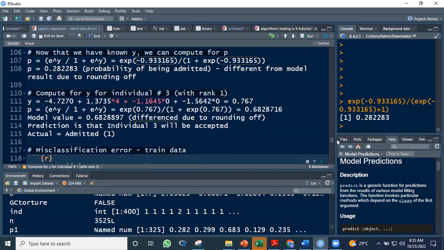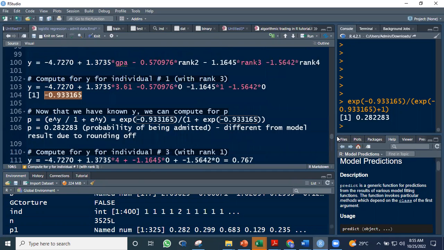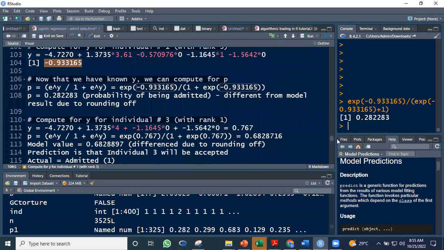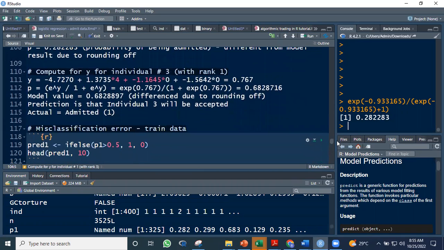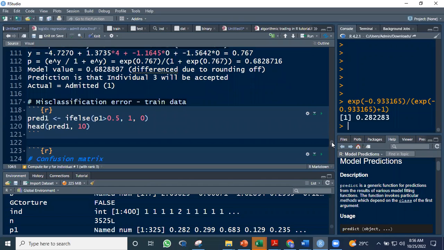Okay, so compute for y. Ito exercise na lang sa inyo to, no? For individual tree, just to check. You can check the other individuals. All right, so let's now see.